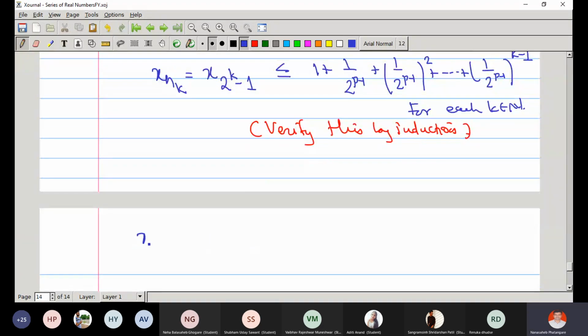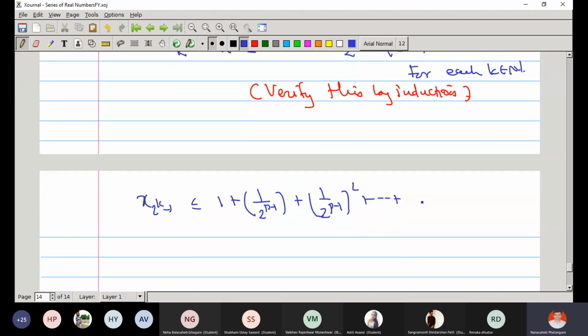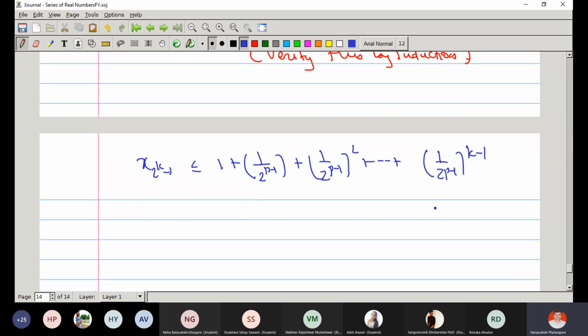Now x_(2^k − 1), by the previous step, is at most 1 plus 1 upon 2 to the power p minus 1, plus 1 upon 2 to the power p minus 1 raised to 2, up to 1 upon 2 to the power p minus 1 raised to k minus 1. Okay, this step is clear. Now this is like a geometric sum.